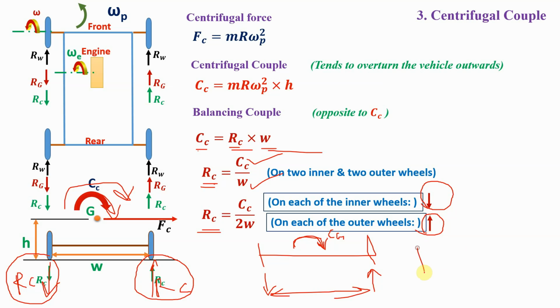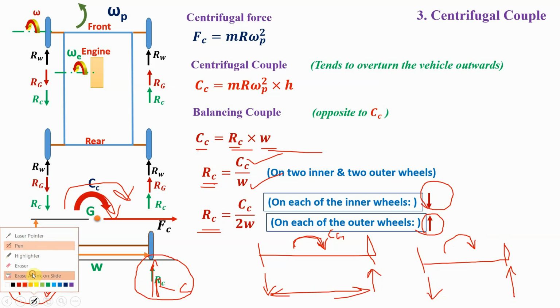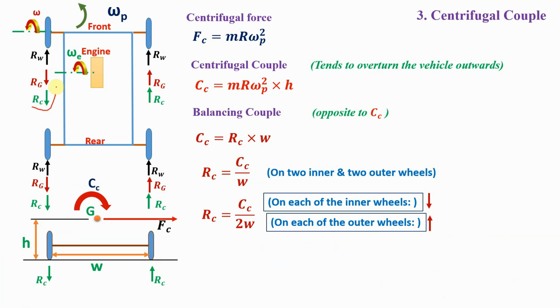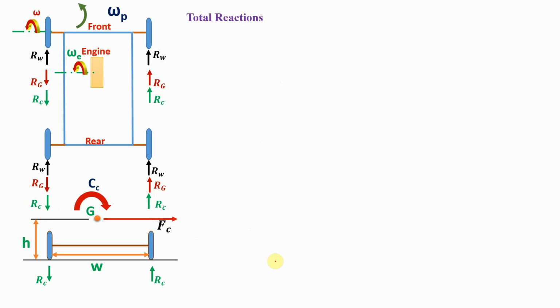The same thing for centrifugal couple. If the centrifugal couple is acting like this, you will mark the forces such that they will produce the opposite couple, the balancing couple. So here I have shown Rc downwards on inner wheels and Rc upwards on outer wheels. Reaction offered by the ground on each of the wheels due to centrifugal couple.